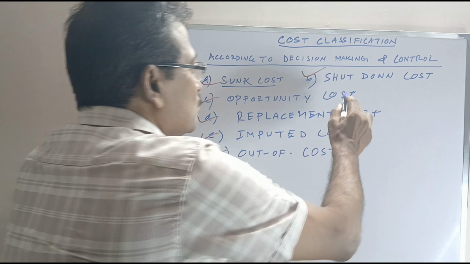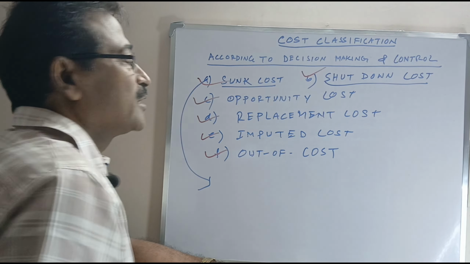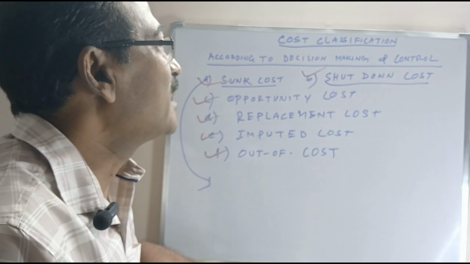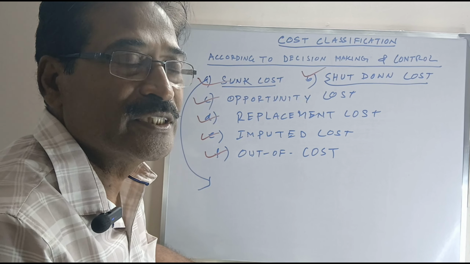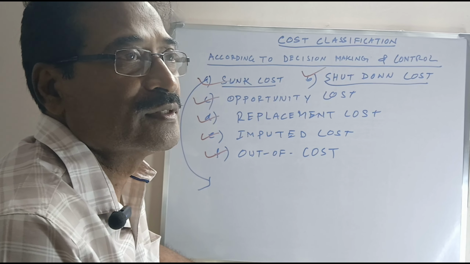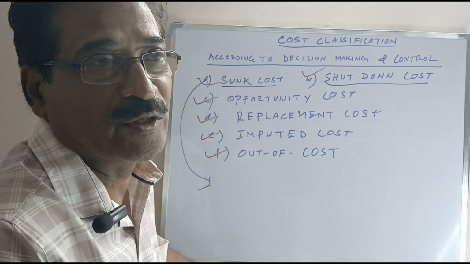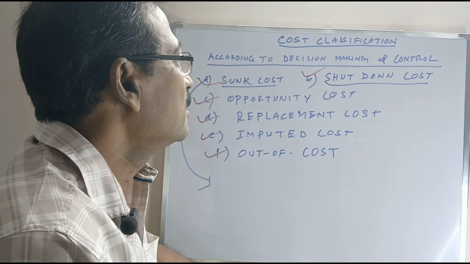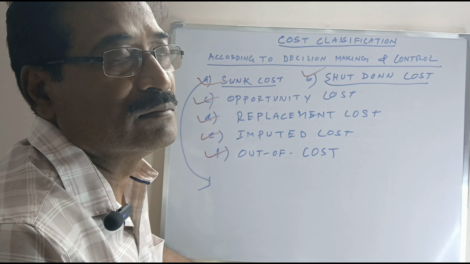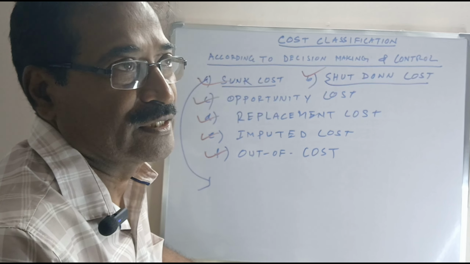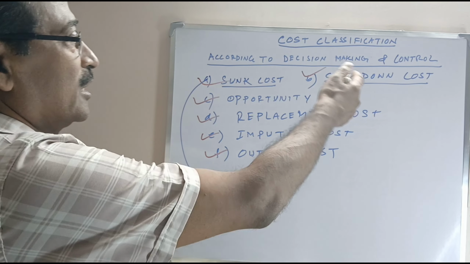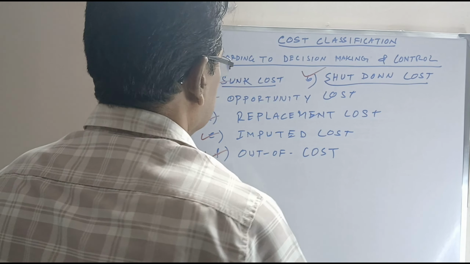Now I am coming to shutdown cost. Shutdown cost is that cost which is incurred even if the plant is shut down or factory is shut down for a certain period of time. As for example, rent of the factory building, rates, depreciation, etc. are the example of shutdown cost.